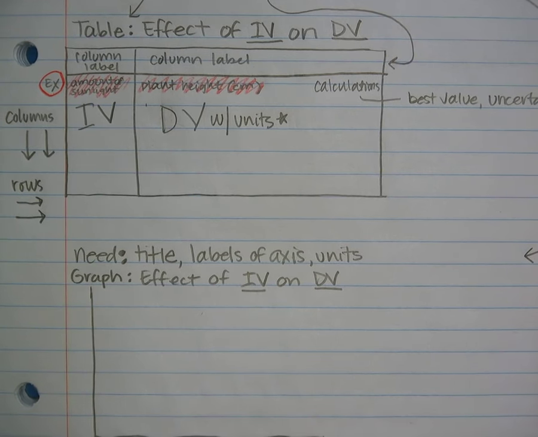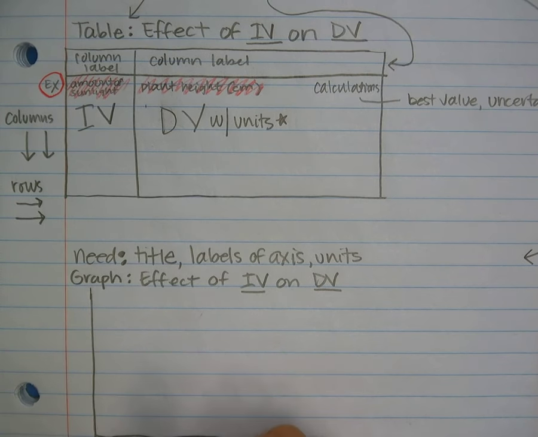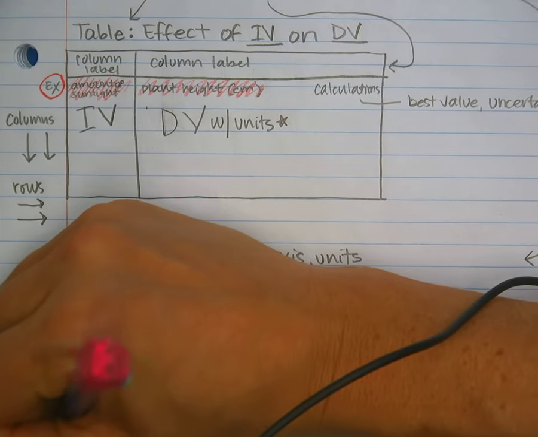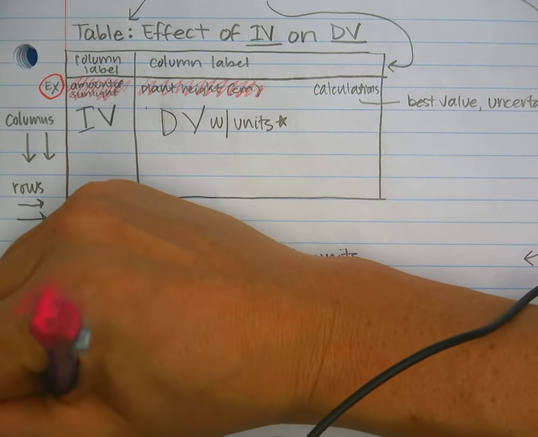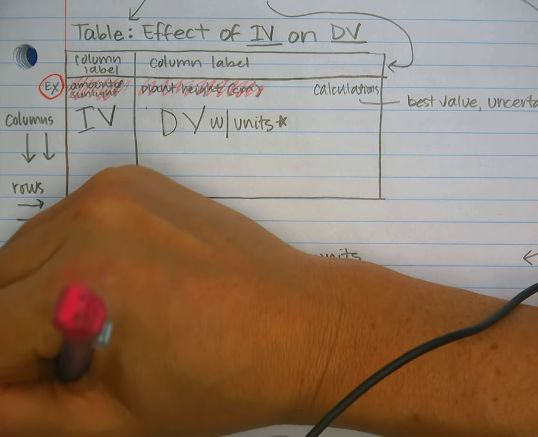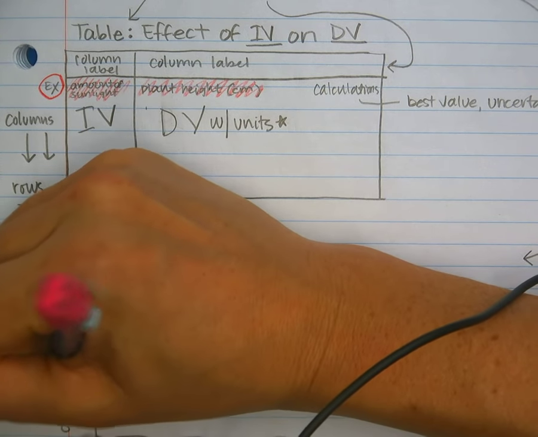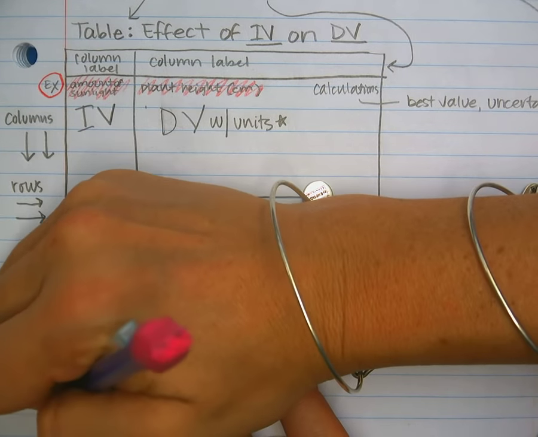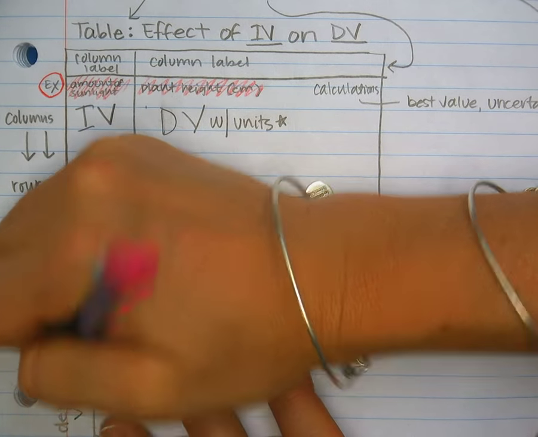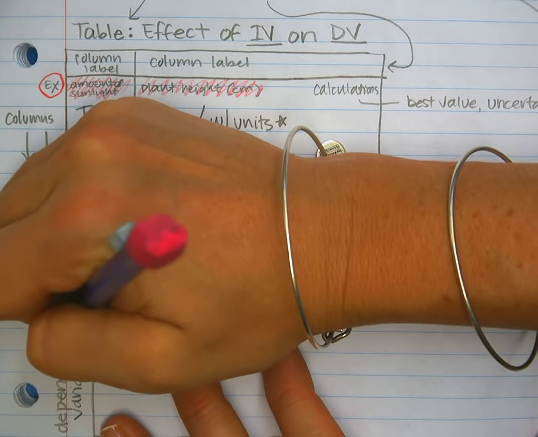So the way that we do it is that the dependent or responding variable goes on the y-axis. And if it's possible, you'd also write its unit.